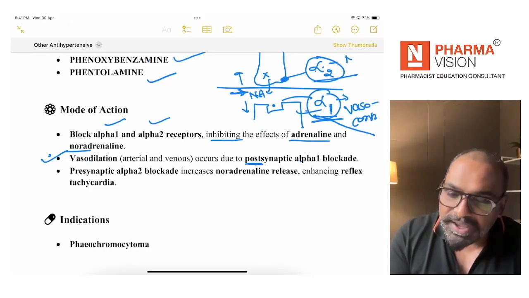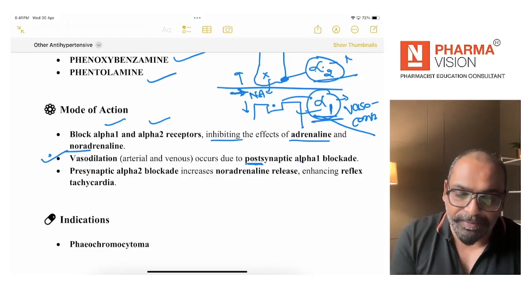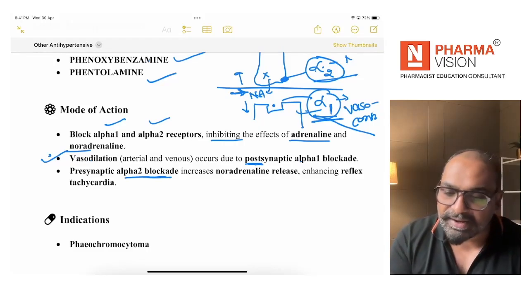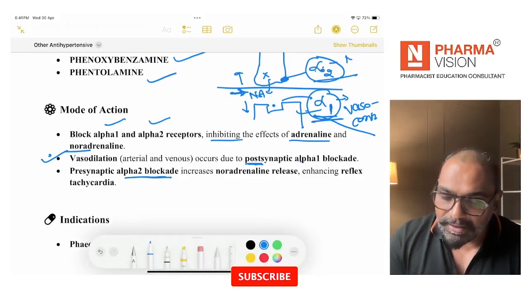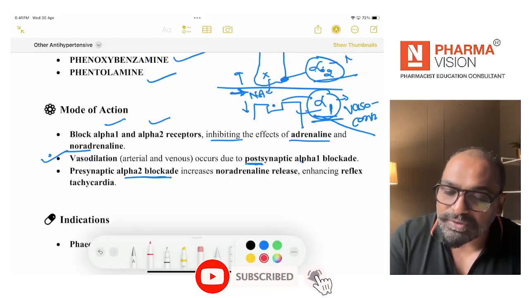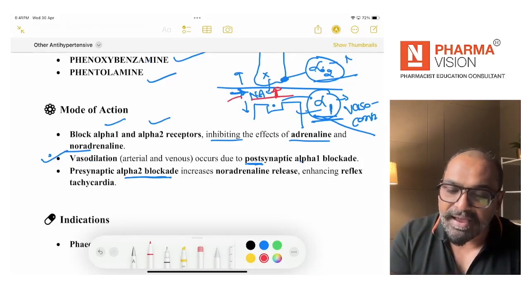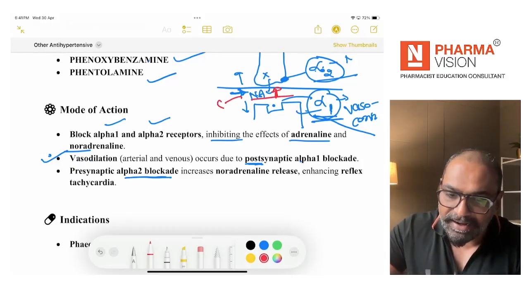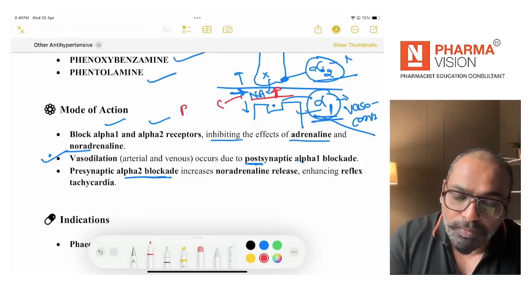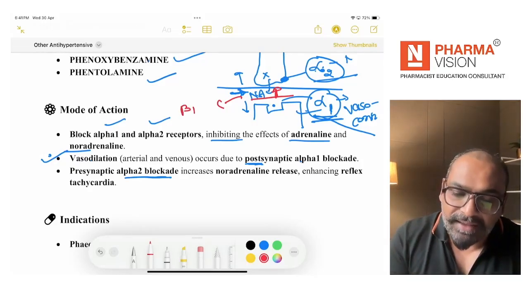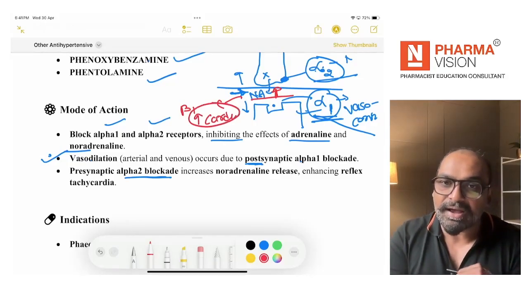Okay, so if they block alpha 2 receptors, try to understand, what happens? Blocking the alpha 2 receptor increases noradrenaline release. This noradrenaline acts on the beta 1 receptor, which increases cardiac function and cardiac output.